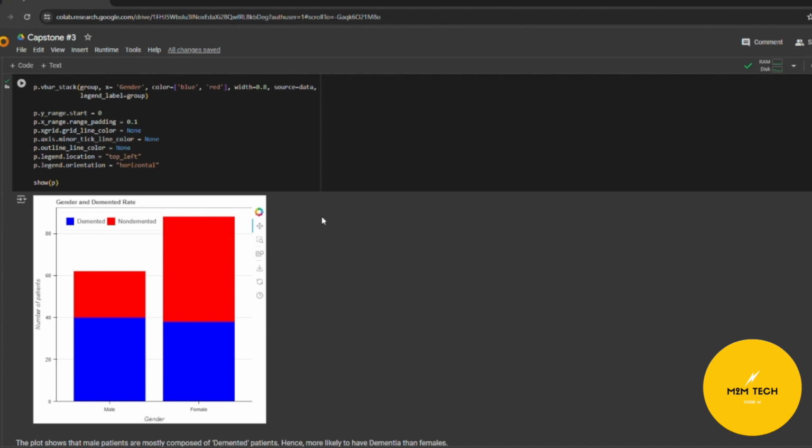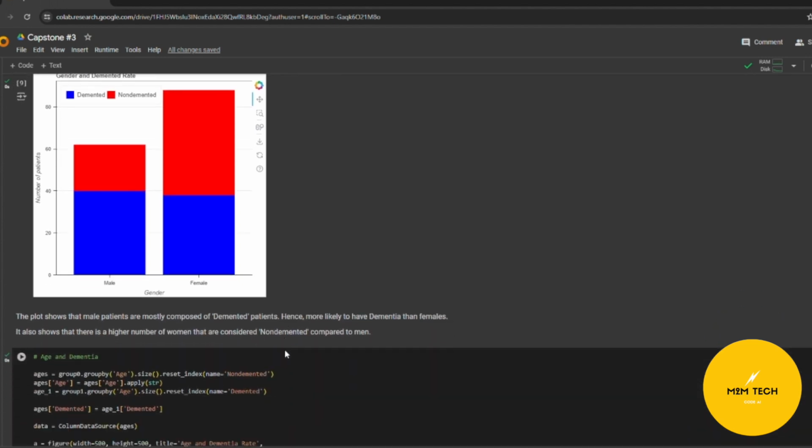And here is the result. This plot shows us that male patients are mostly composed of demented patients, hence they're more likely to have dementia than females. It also shows that there is a higher number of women that are considered non-demented compared to men.